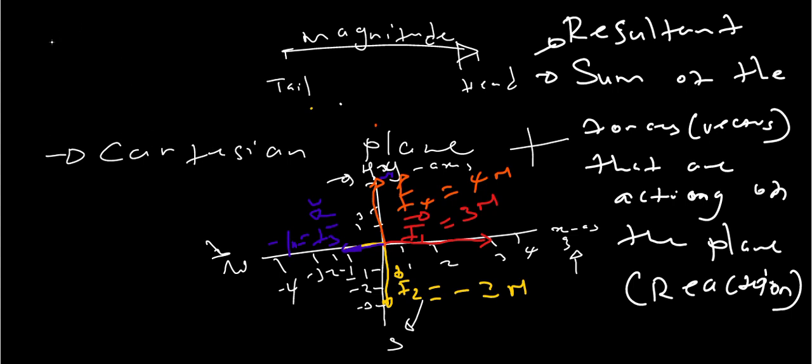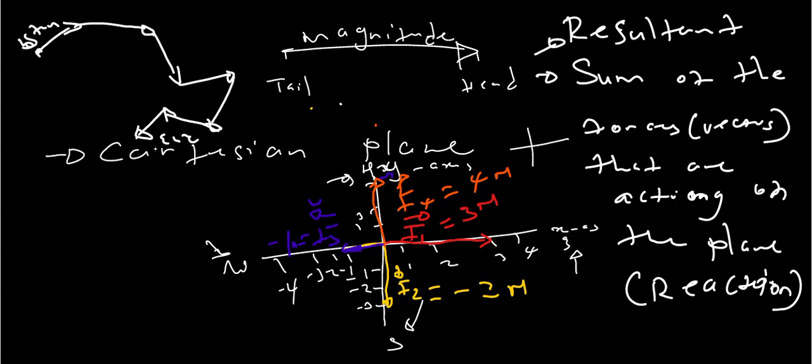If you have forces going like this, and then like this, and also like this, and then like this, and this is the start and this is the end, our resultant force is from this point to this point.